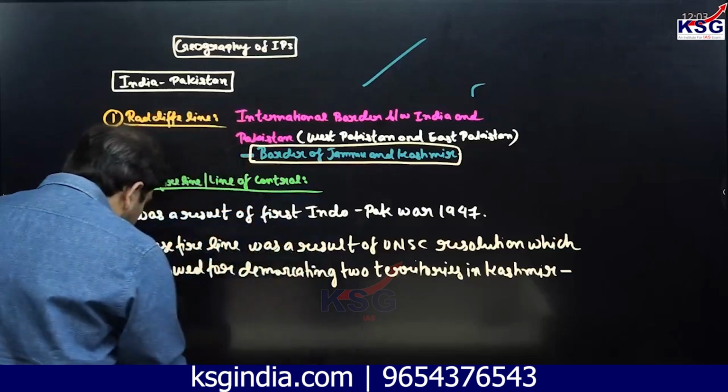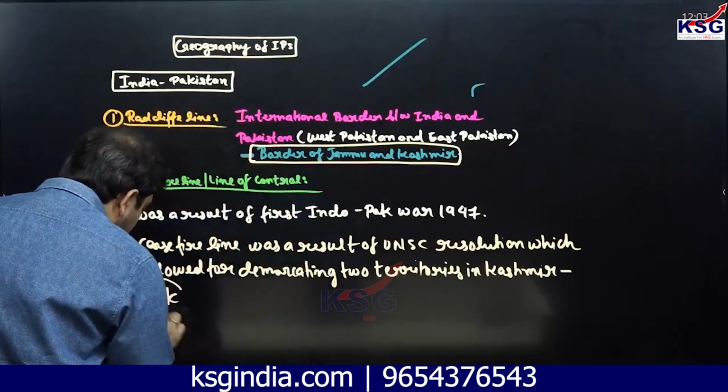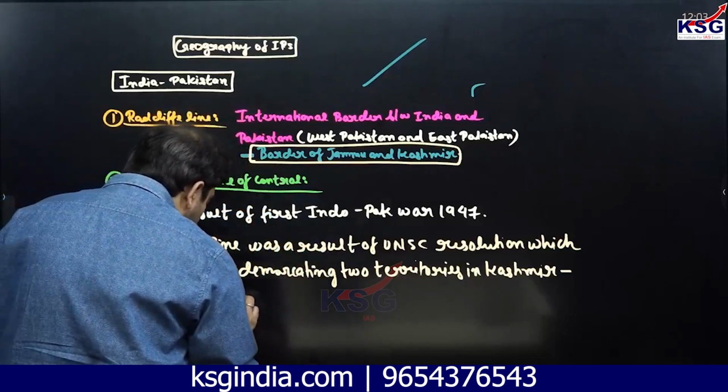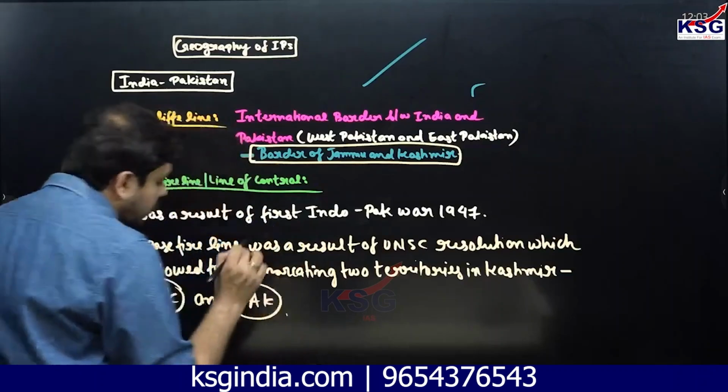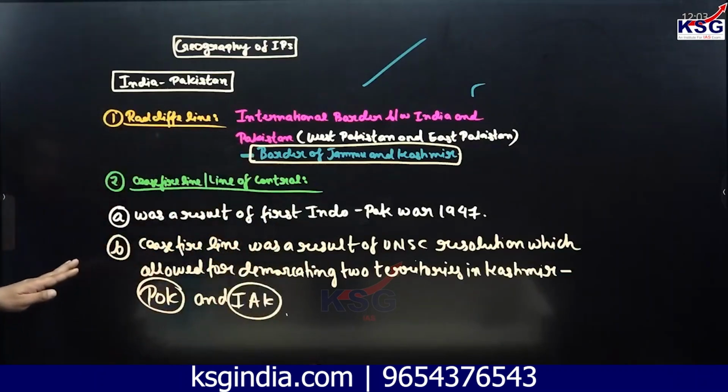One was known as the POK, the Pak occupied Kashmir, and the other was known as the Indian administered Kashmir. This is the factual understanding about the ceasefire line.